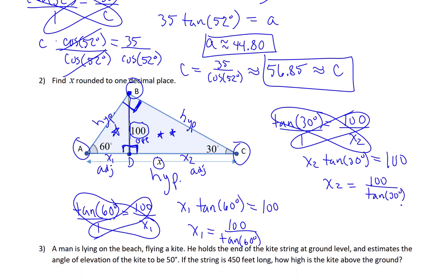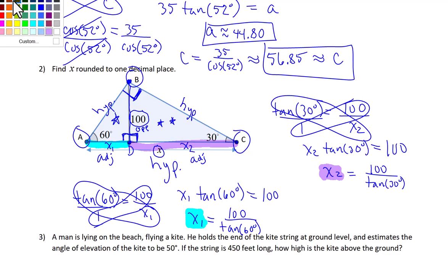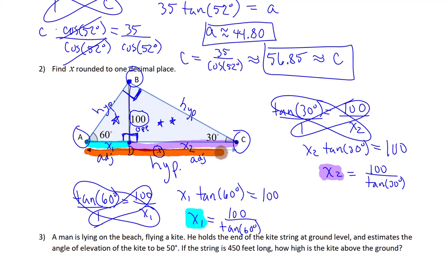Okay, so why does this matter? Well, if we were trying to find x, and x is really made up of two segments, let's label these here. So we have x sub 1 that we've already found, at least in its symbolic form. But then also it's x sub 2, which again we've already found in its symbolic form. Then if we simply put those two segments together, they will form x, which is ultimately what we're trying to find. So let's do that exactly.